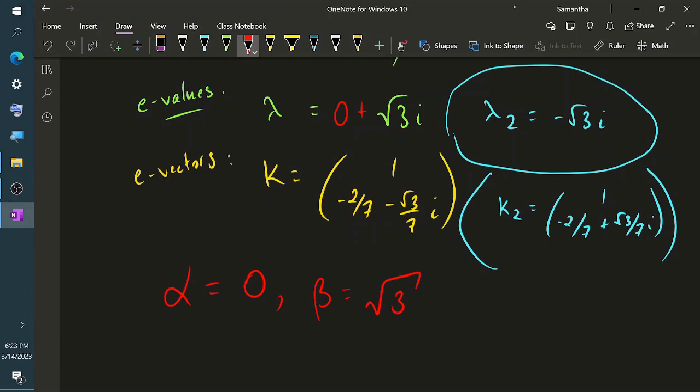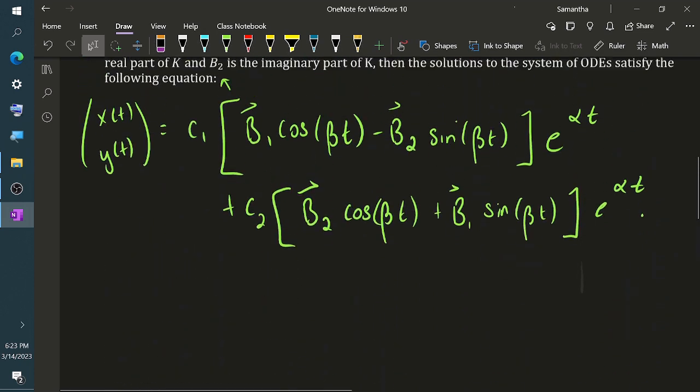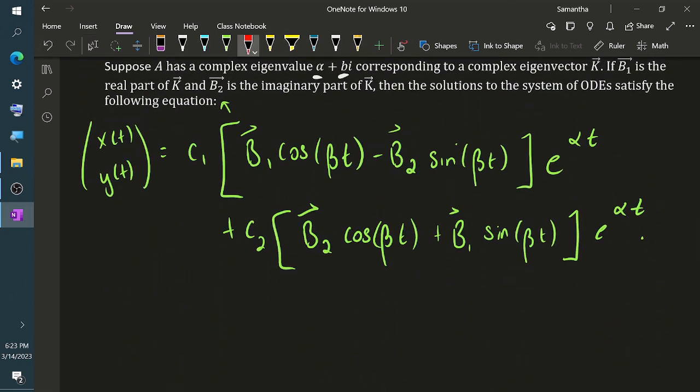So these would be the values of alpha and beta that would go respectively into the exponential and into the trig part of our solutions. That much is familiar, I think. That's very similar to when we were finding the values of r when we were solving single differential equations with constant coefficients. The real part went into the exponential, and the imaginary part went into the sine and cosine. It's very similar here.